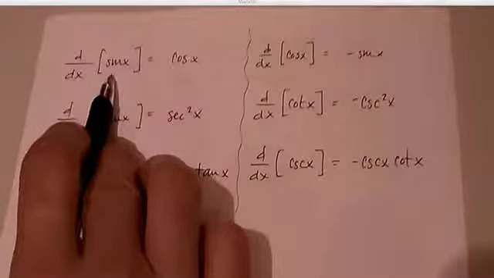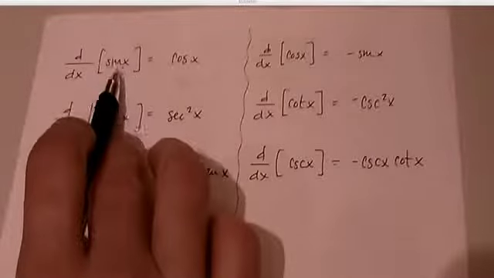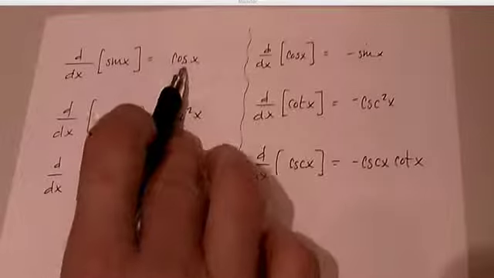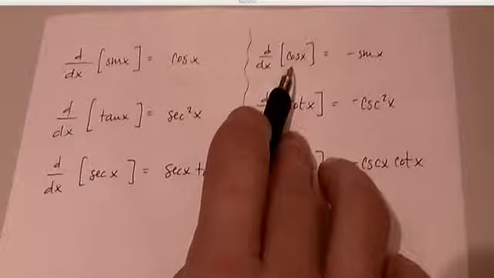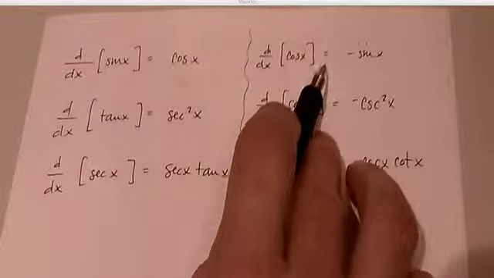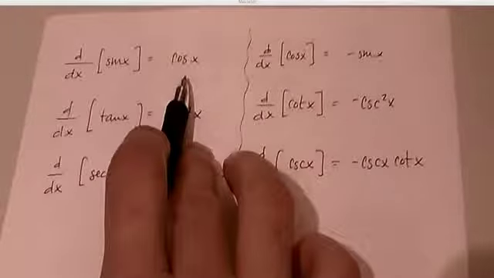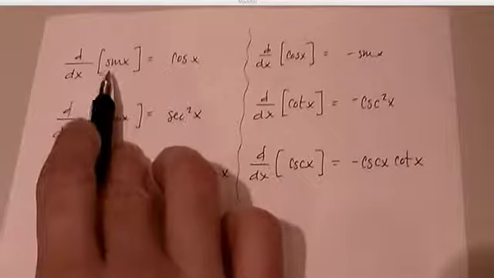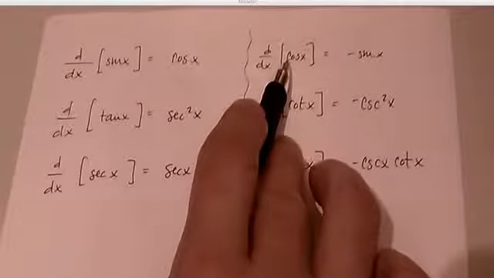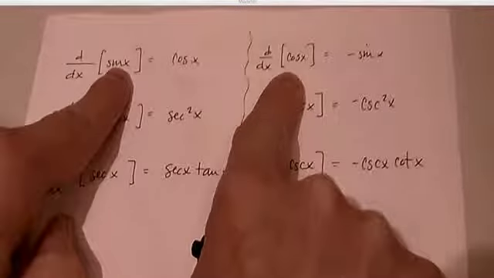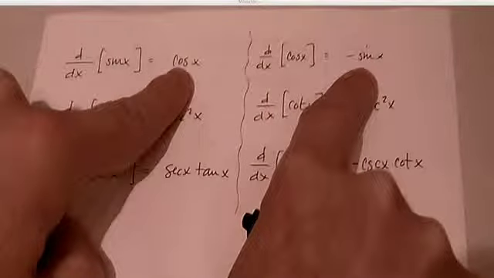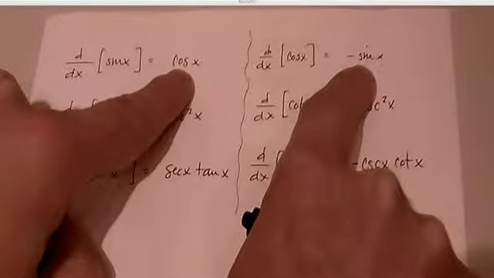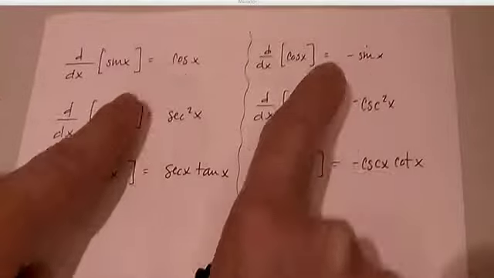So the derivative of a function is whatever it is, and the derivative of its cofunction is equal to the negative cofunction of the original derivative. Notice that sine and cosine are cofunctions, right? Negative sine and cosine are negative cofunctions.